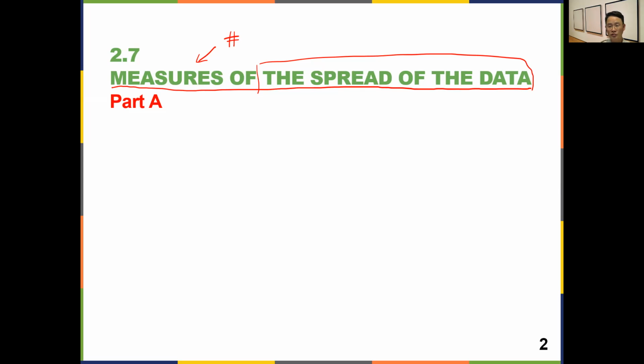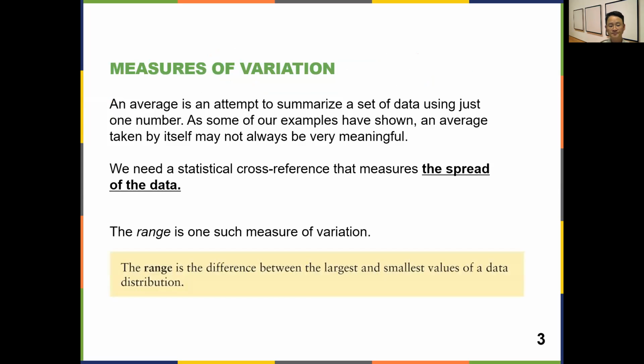And we are going to learn several different techniques of doing so, right? We want to come up with a number that describes the spread of the data. Now, one easy technique that we can use is what's called the range. In other words, we want to measure the variation.